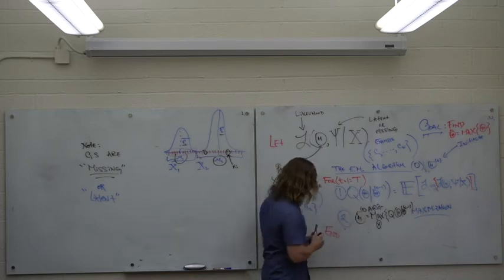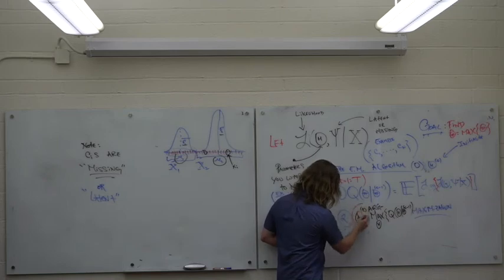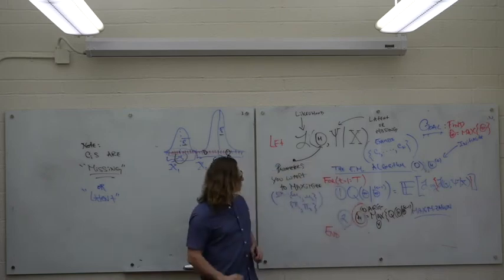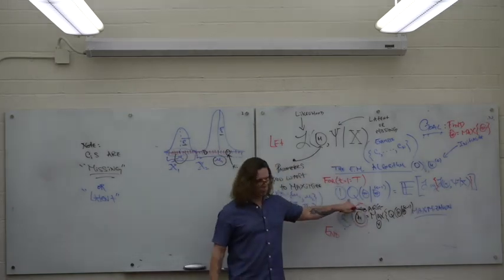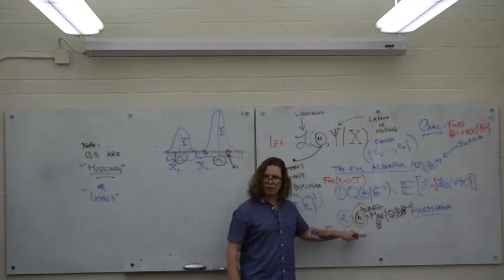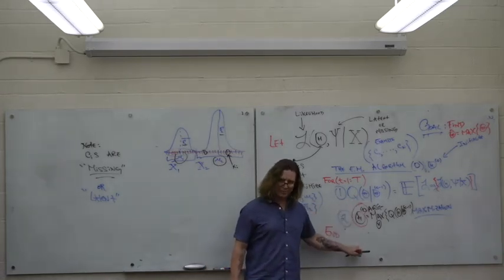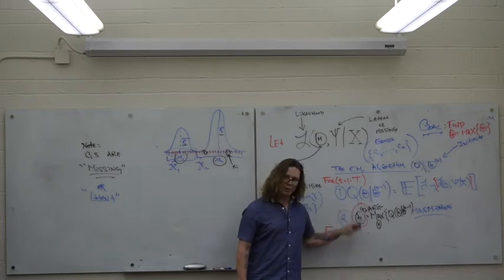And that's updating our new value right here. So I compute a function, and then I maximize that function. And then I compute the function, and I maximize it. I iterate between these two things.